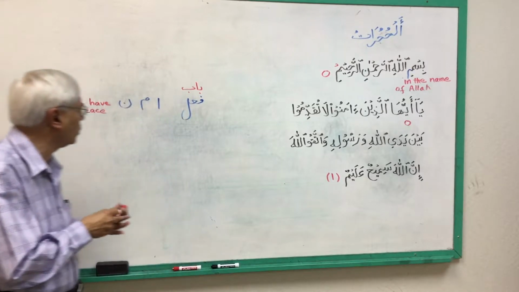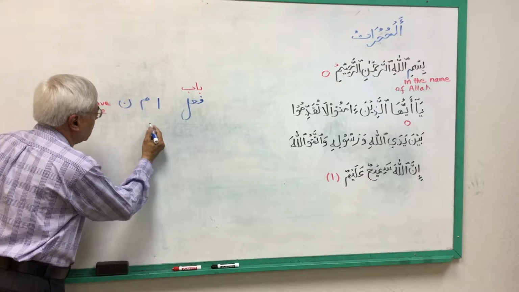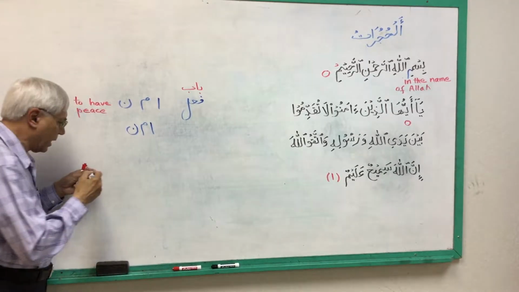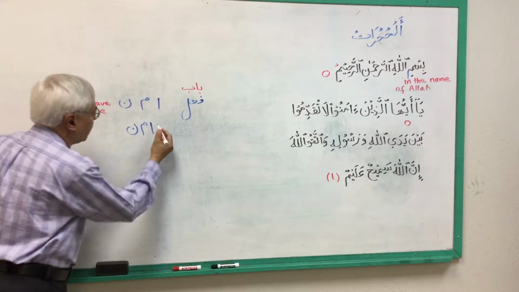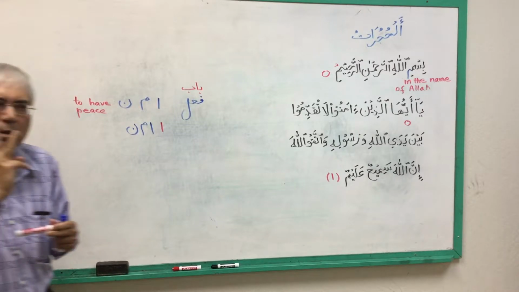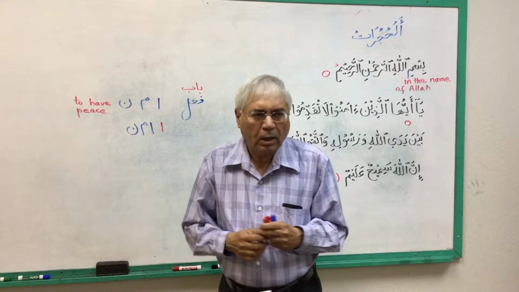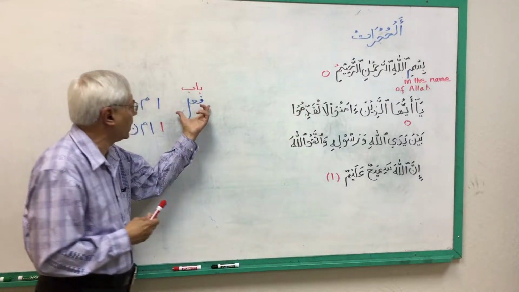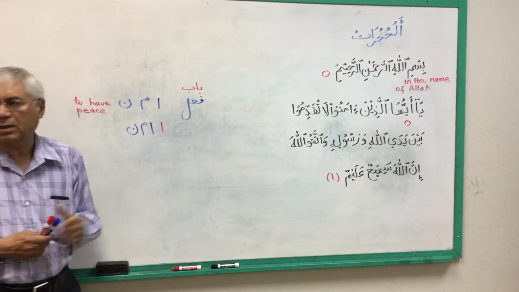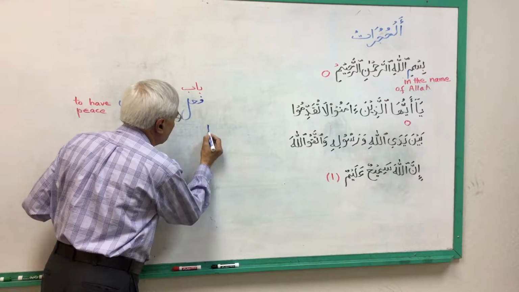So in this particular case, we are going to add one letter at the beginning, and that letter is alif. So it became four letters instead of three. Now four letters cannot belong to this group, which is only three letters. So we have to define another group. And that group is called af'ala.